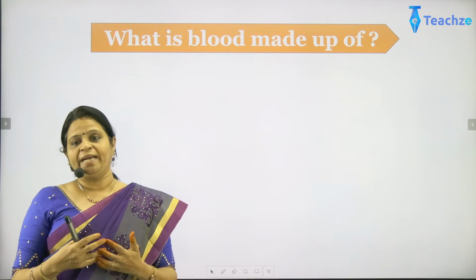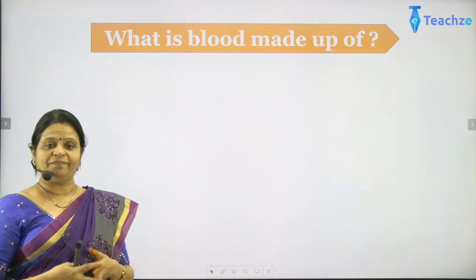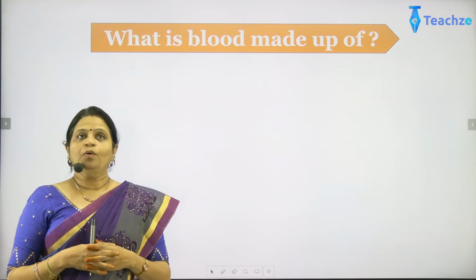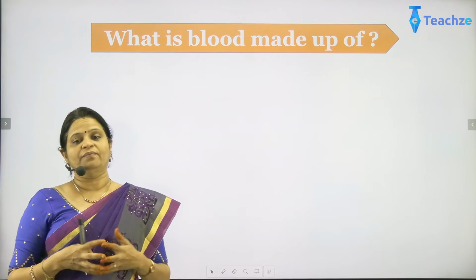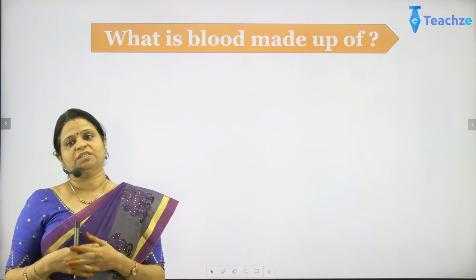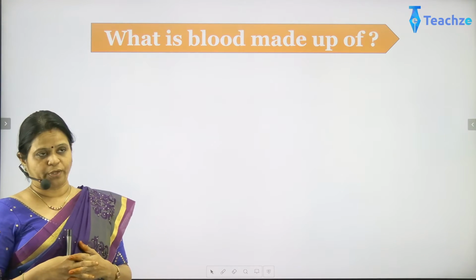The only medium which can circulate all these substances, ions and salts is the blood transportation system. Why only blood? Because we do not have any other mode which is so flexible and which can transport everything that comes from our body, either as substances or as waste products.